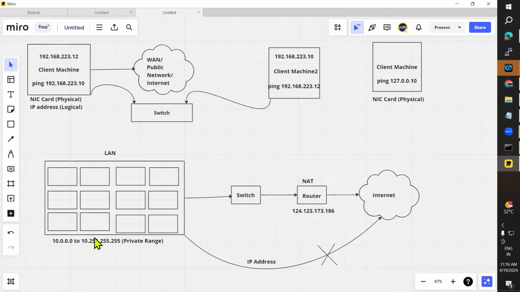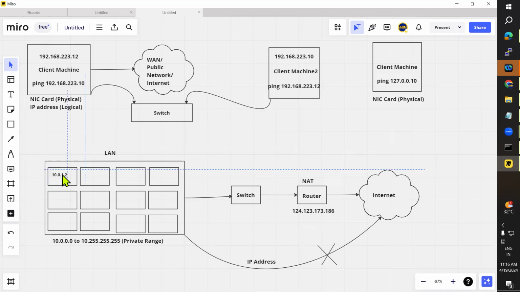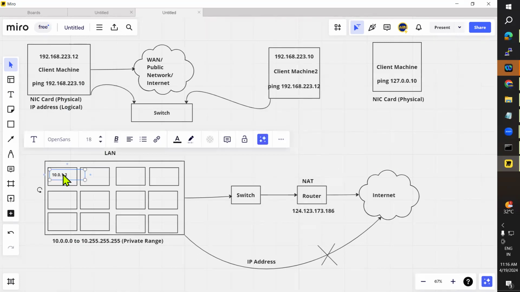Okay. So these machines are using private IP addresses, like 10.0.0.2, and so on.